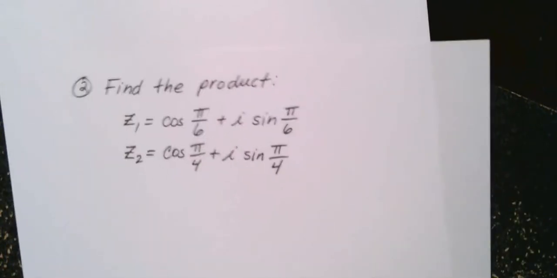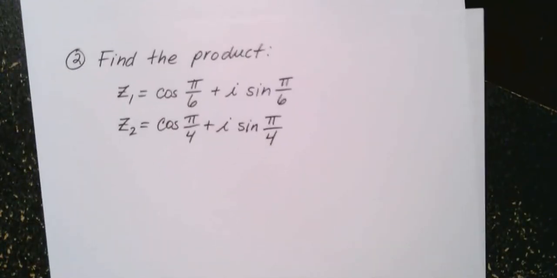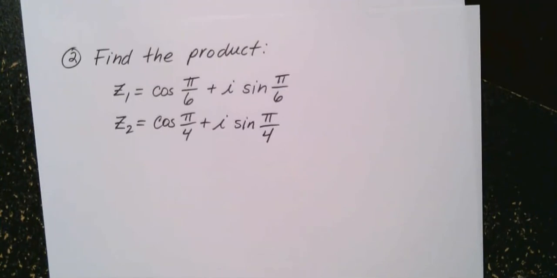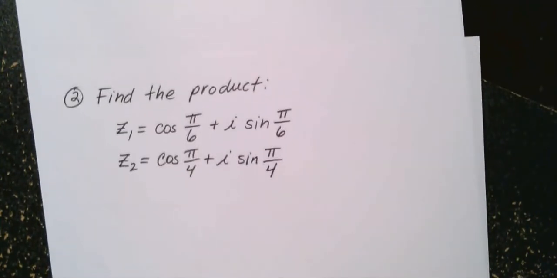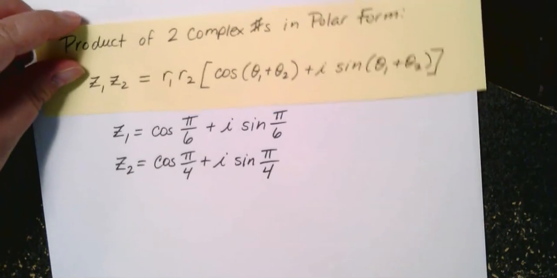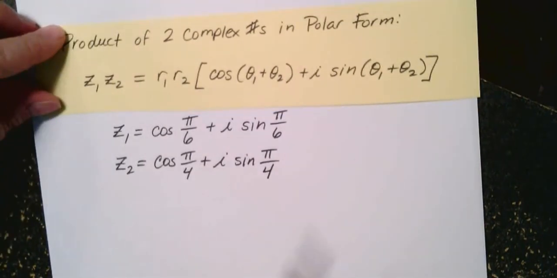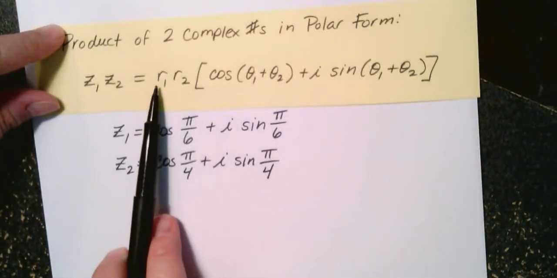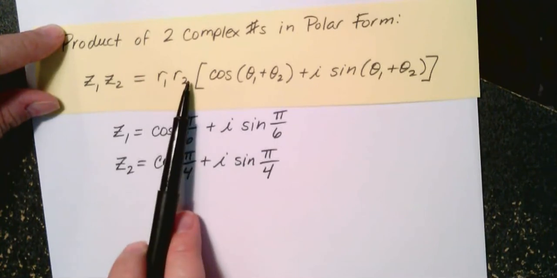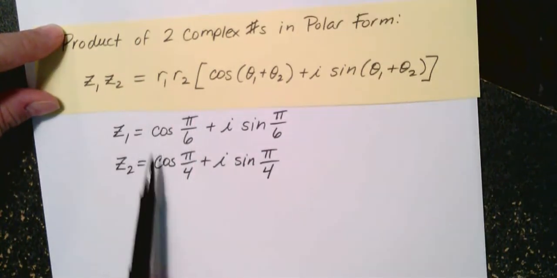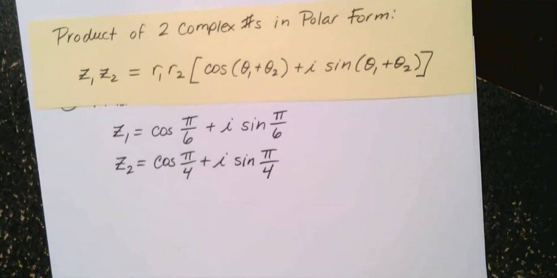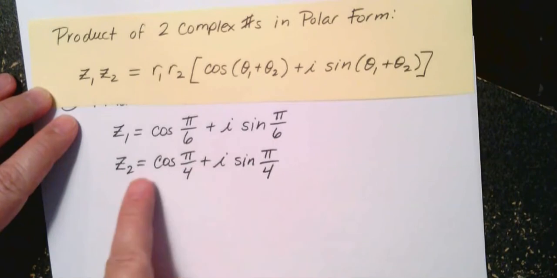This one is in radians. My argument is in radians. Find the product. Okay, so now again, this is my formula. And I need to multiply my two moduli, but I don't have any. If I don't have anything there, that's just like if it says 1. 1 times all of this, 1 times all of that.